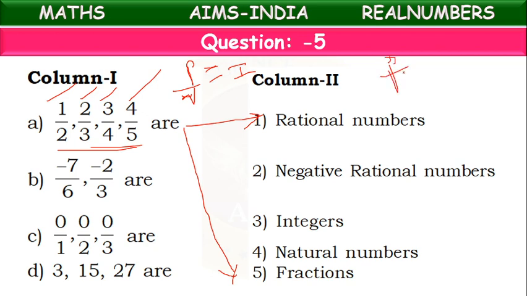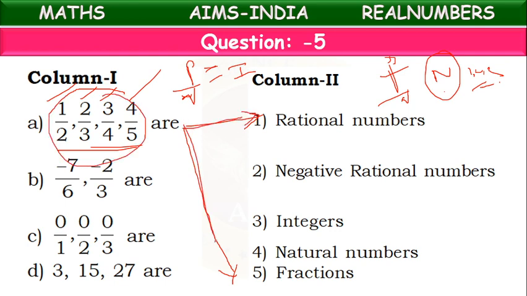Whereas a fraction is in the form p by q, where p and q are natural numbers, meaning only counting numbers, not zero, not negative integers. So all these are natural numbers, and we can call them rational numbers or fractions, because every fraction is a rational number. But a rational number cannot always be a fraction, while a fraction can be a rational number.